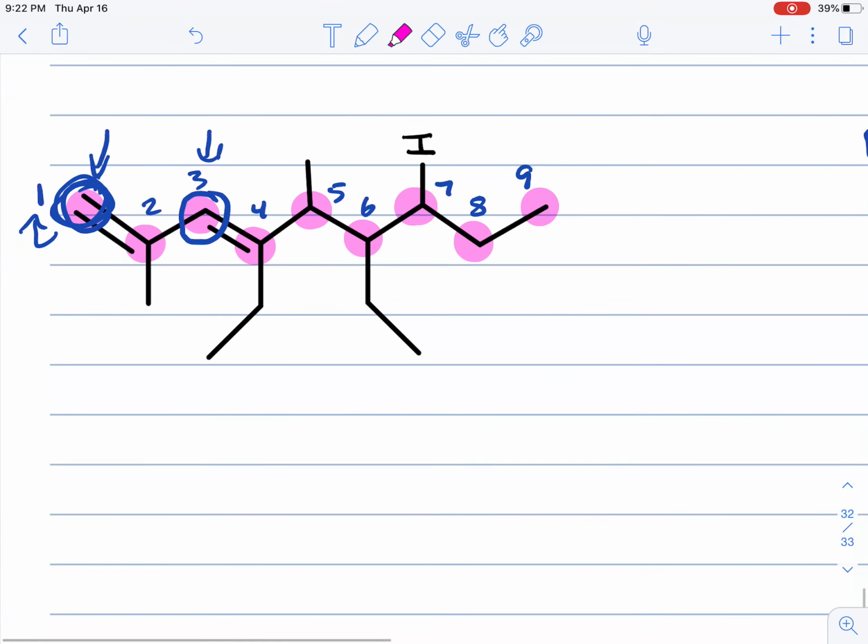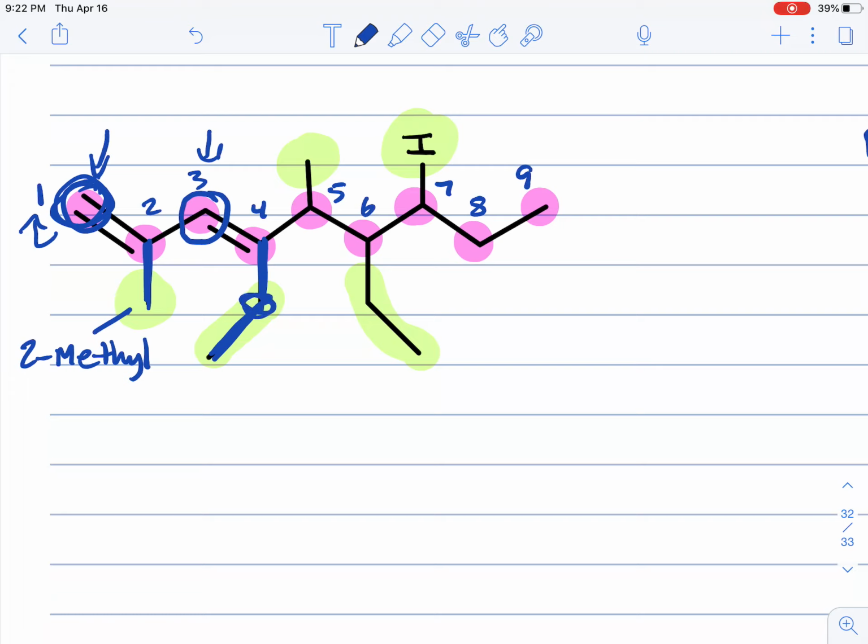All right, so now that we're done with the double bonds, let's go ahead and do the substituents. So anything that is not highlighted in pink, that's going to be my substituent. And so this is telling me that I have a methyl on carbon 2, so 2-methyl. This is telling me that I have an ethyl, so I have 1, 2 carbons on carbon 4, so 4-ethyl.